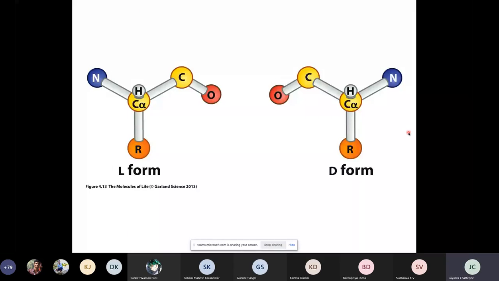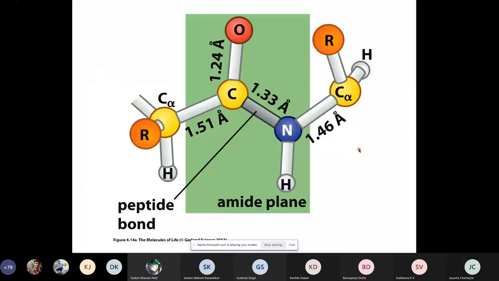Here is something interesting for you to know. These are the bond angle and bond distance statistics in a typical amide bond. What you see in green is the amide plane. This is planar, and you can see that the C alpha C bond is around 1.51 angstrom.